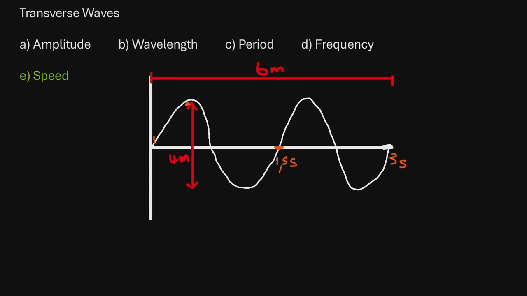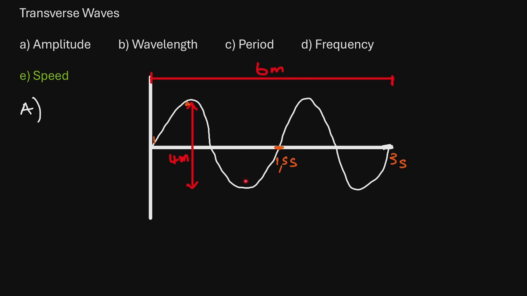So the first question says we must determine the amplitude of the wave. So we know the amplitude is the distance from the zero line to the minimum point, or from the zero line to the maximum point. But in this case, what is given to us is the distance from the maximum point to the minimum point.